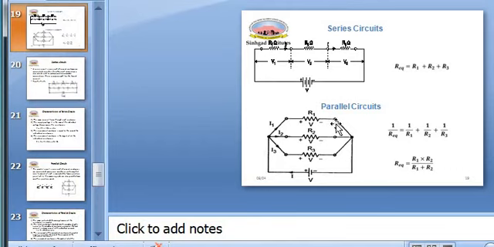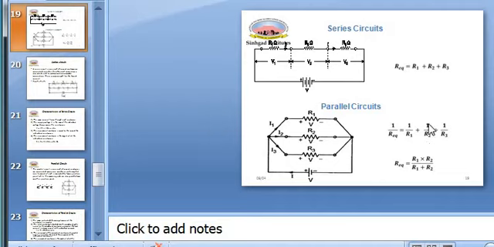Okay. So how to calculate the equivalent resistance for the parallel circuit? It can be calculated by 1 by R equivalent is equal to 1 by R1 plus 1 by R2 plus 1 by R3 and so on. If there are two resistances only, say R1 and R2, how to calculate it? Do the calculation.